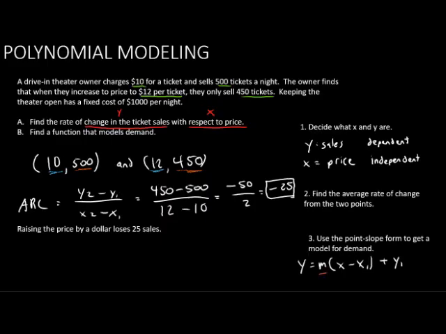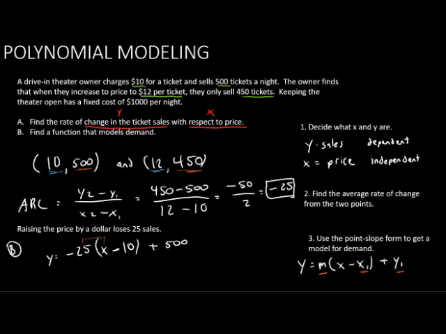We will plug in our rate of change for m. We'll plug in our first x value for x1 and plug in our first y value for y1. Therefore, for part B, we'll say y equals our rate of change, negative 25, times x minus x1, and our first x was 10, plus y1, our first y was 500.